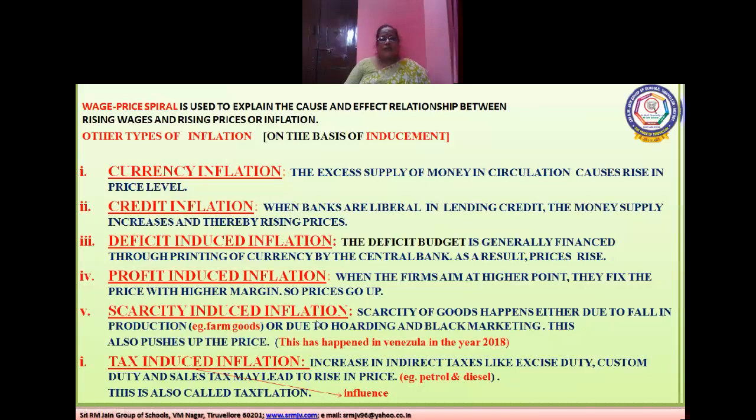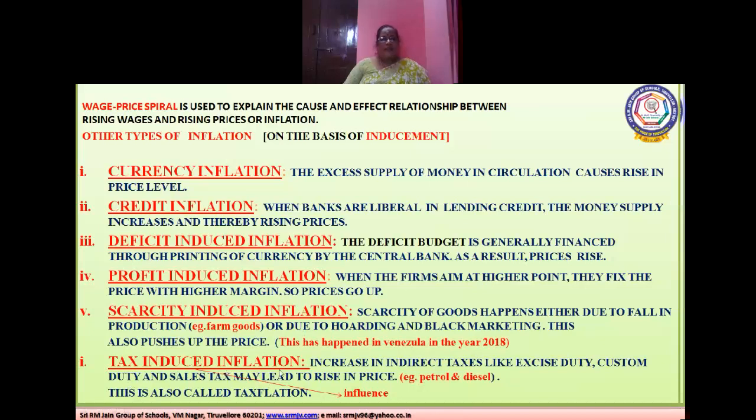Scarcity induced inflation. Scarcity of goods happens either due to fall in production or due to hoarding and black marketing. This also pushes up the price. So it is called scarcity induced inflation.